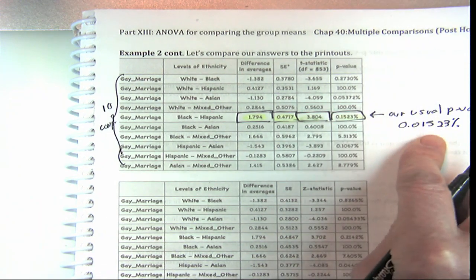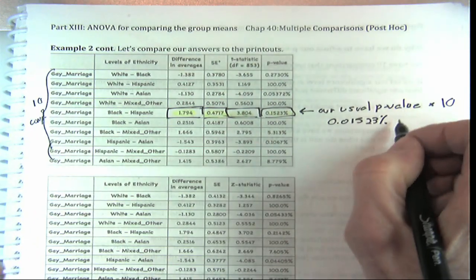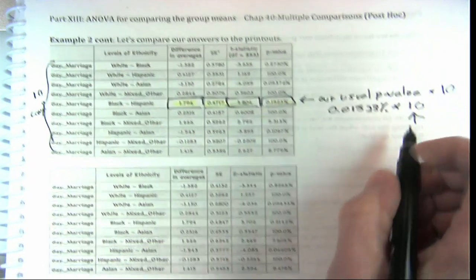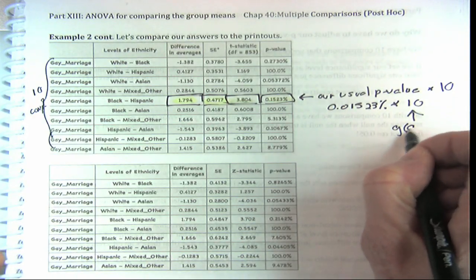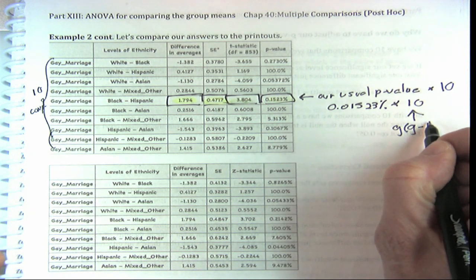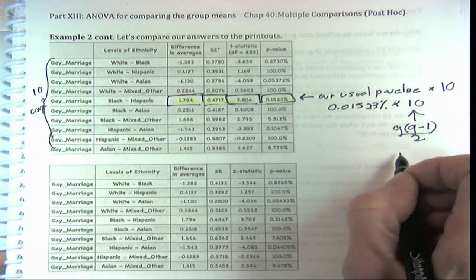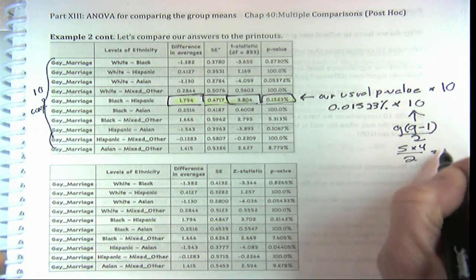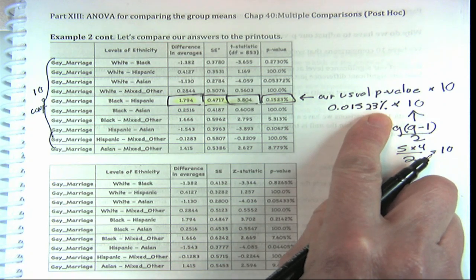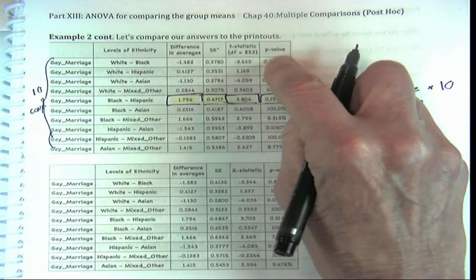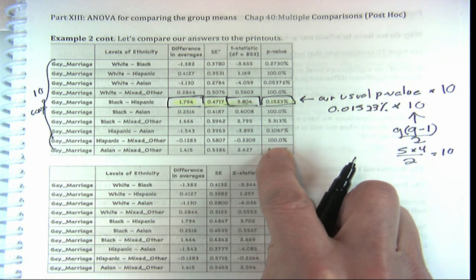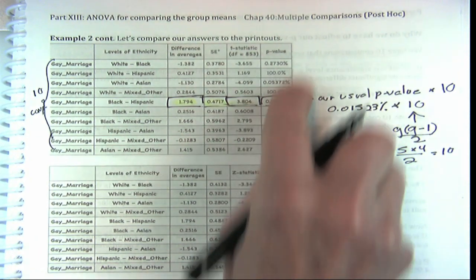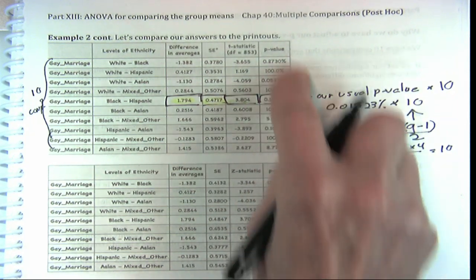We're multiplying it by the number of pairwise comparisons, and in this case, that was 5 times 4 over 2, which is 10. That's called the adjusted p-value. Notice these are all multiplied by 10. That's why they're so big, like 100% p-values or more. It doesn't go over 100%.